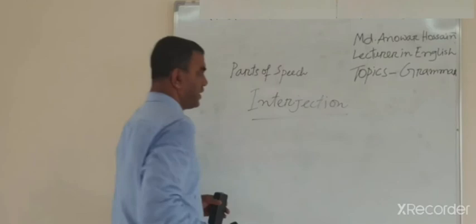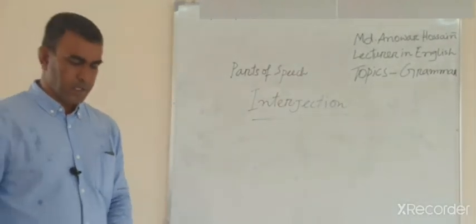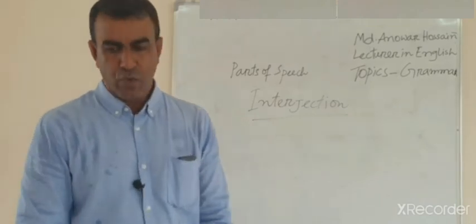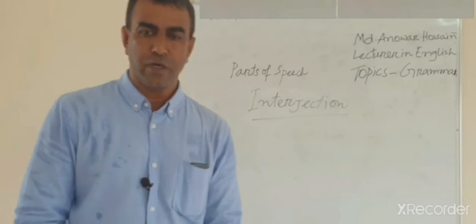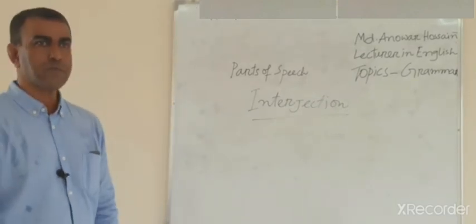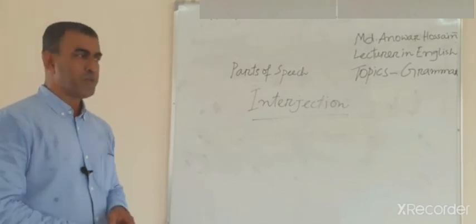It's very simple, and you all know what an interjection is, and we use interjections very often in our talking or in our everyday life. For example, we say, "Wow, what a beautiful scenery."